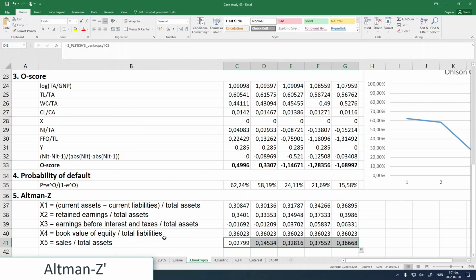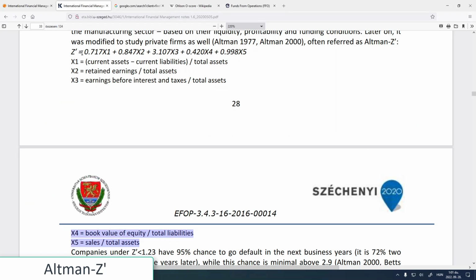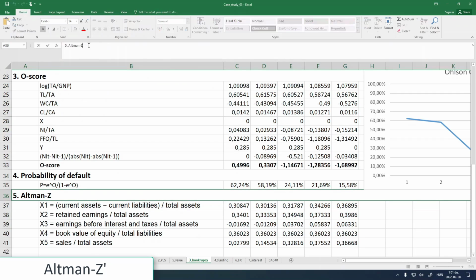Here. So if I did not make any mistakes, let's copy Altman-Z here, because now we just have to copy the coefficients like we did before.